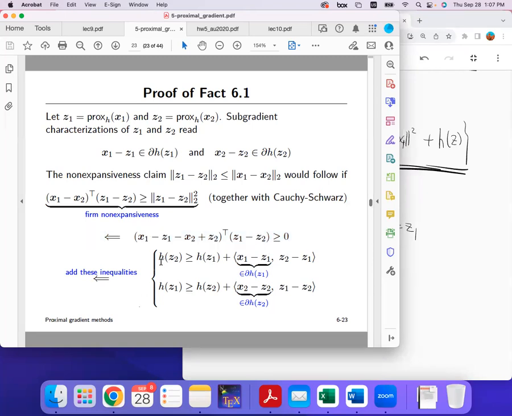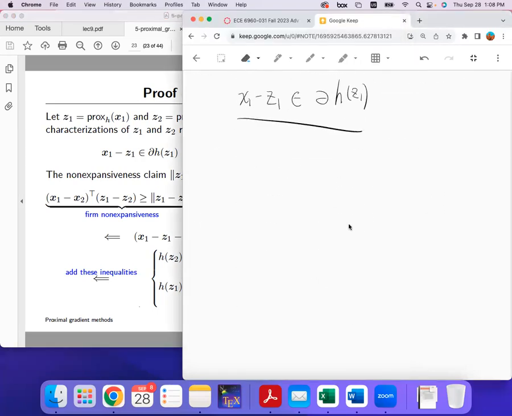Because H is a convex function. So by convexity, we have H(Z2) is greater than or equal to H(Z1) plus the inner product of Z2 minus Z1 with the subdifferential of H at Z1, by convexity.